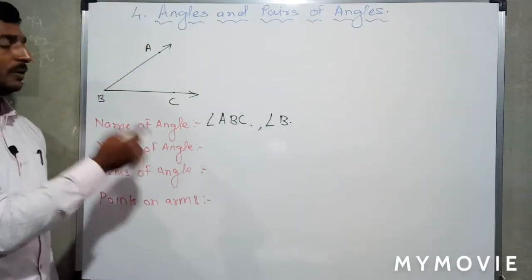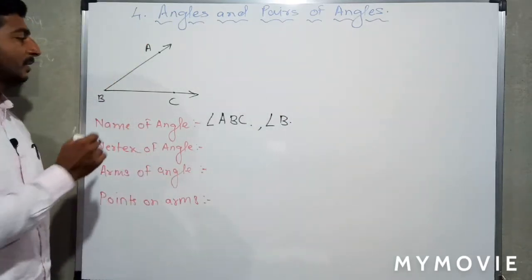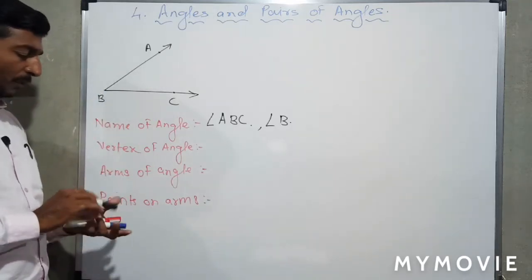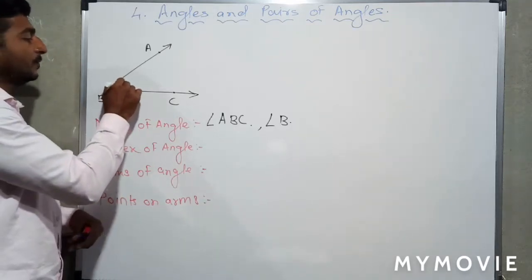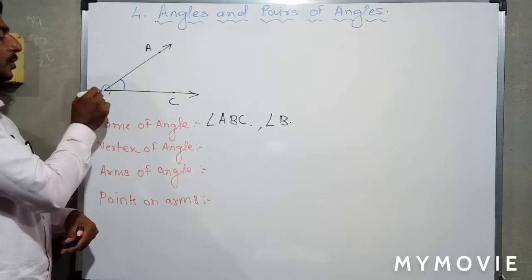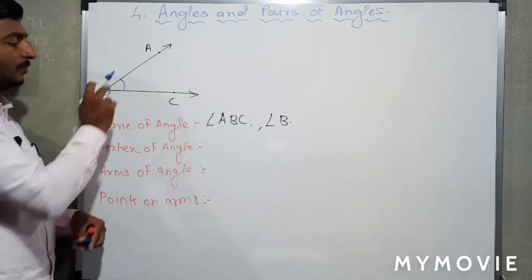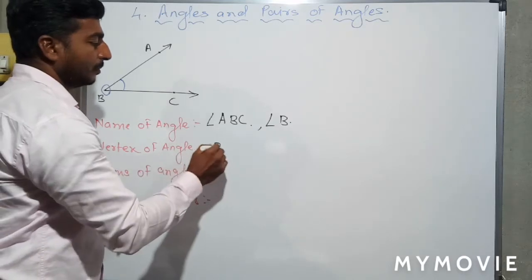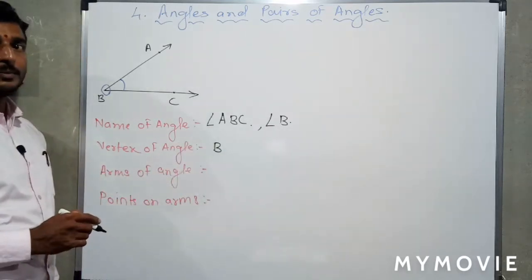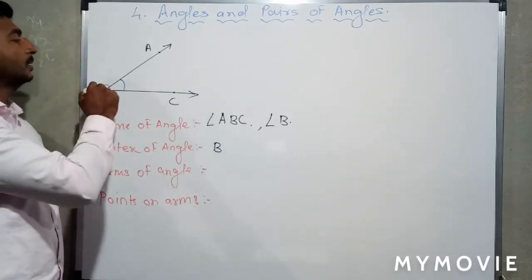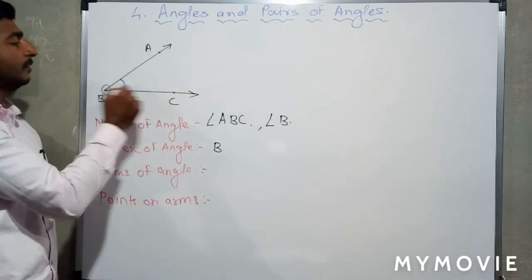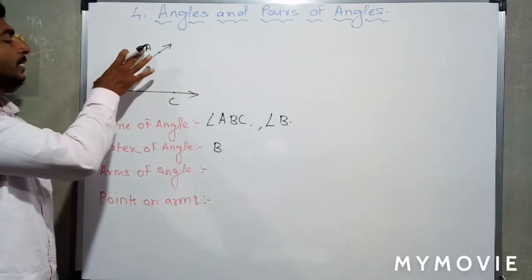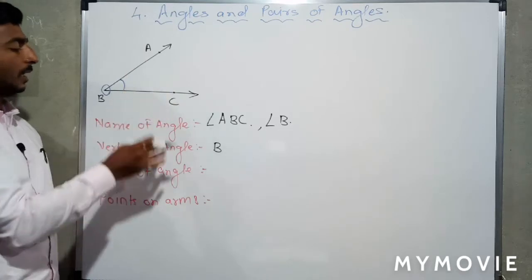What is the vertex of an angle? The vertex is the point at which the angle is formed. So there is a point B where the angle is formed, so the vertex of the angle is B. Arms of the angle: arms means the rays by joining which the angle is formed. Those rays are called the arms of the angle.